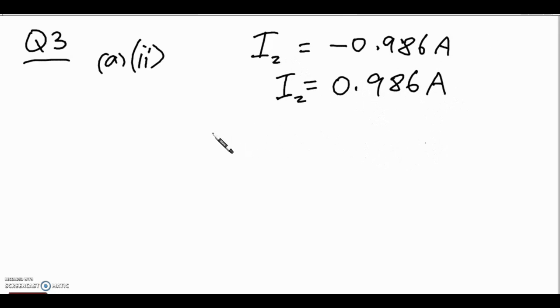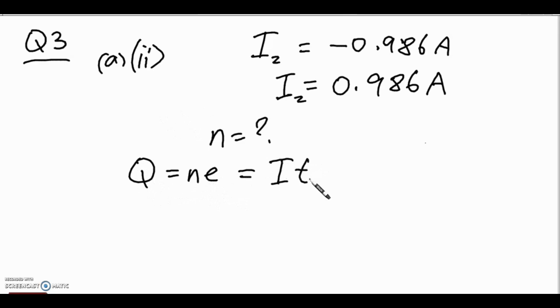Okay, so we want to find the number of electrons. We know the relationship between the number of electrons and charge is that charge equals the number of electrons times the charge of one electron, and the total charge is also equal to I times t, current times time. If we rearrange this equation, we get that the number of electrons equals It over e.